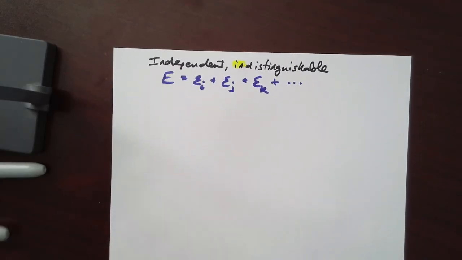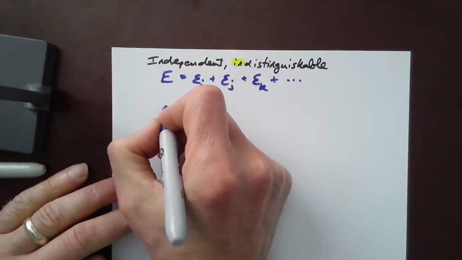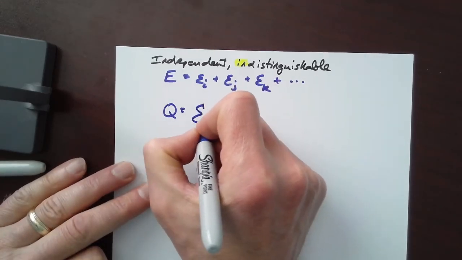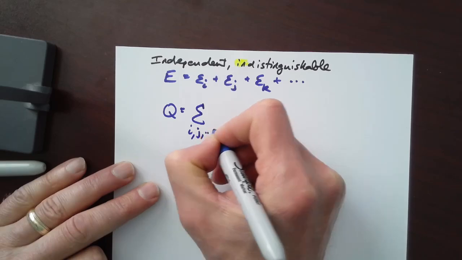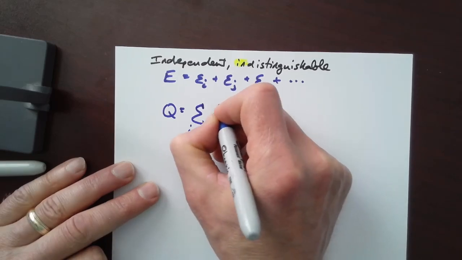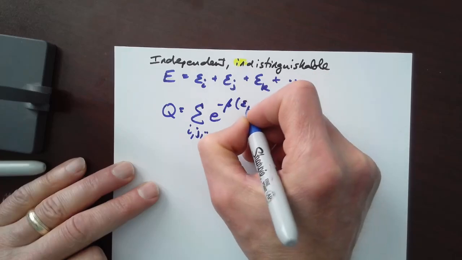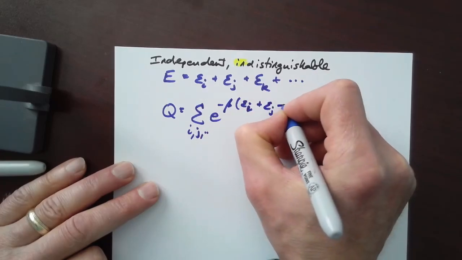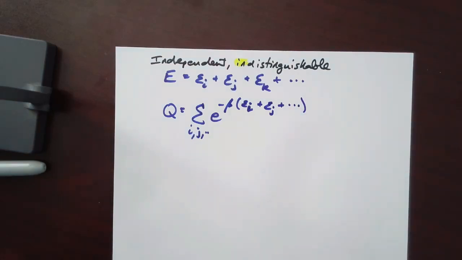So the partition function Q is equal to e to the minus beta EI plus EJ plus, and so on, right?